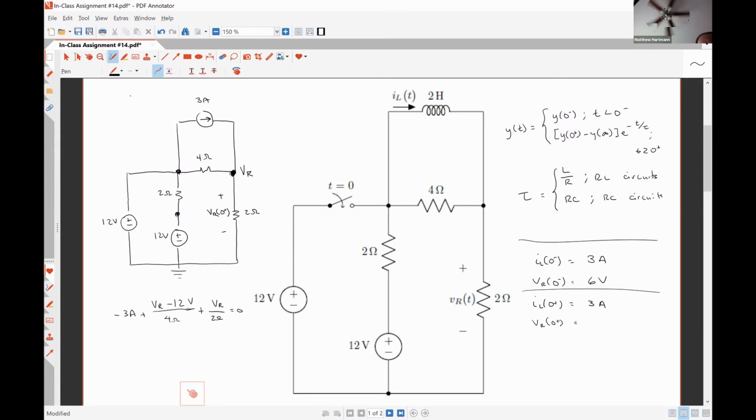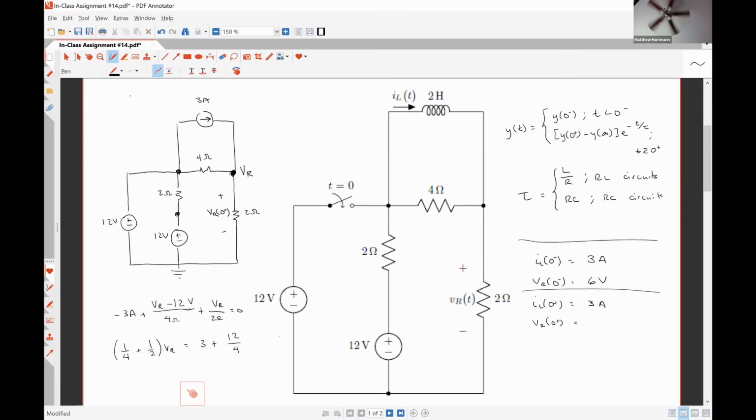One equation, one unknown. We should be able to solve that reasonably quickly. So that's going to be (1/4 plus 1/2) VR equals 3 plus 12 over 4, if my algebra is right. There's where the factor of 1/4 came from, there's where the factor of 1/2 came from, I moved my 3 over and I'm moving my 12 over 4 over.